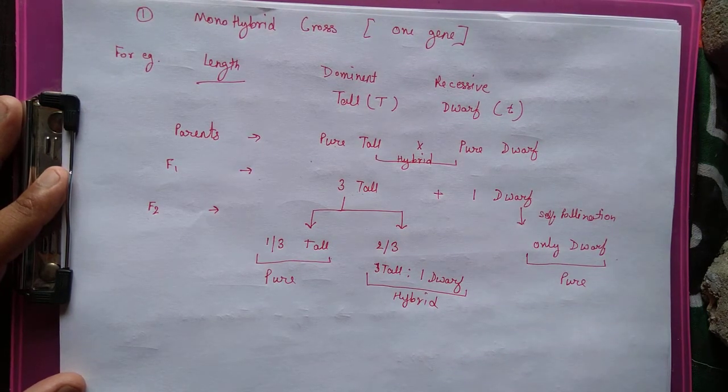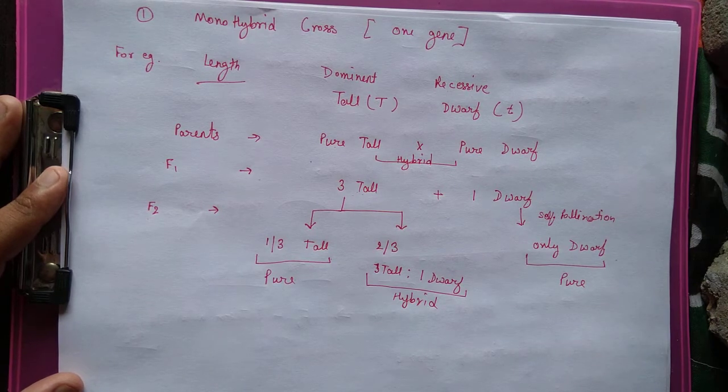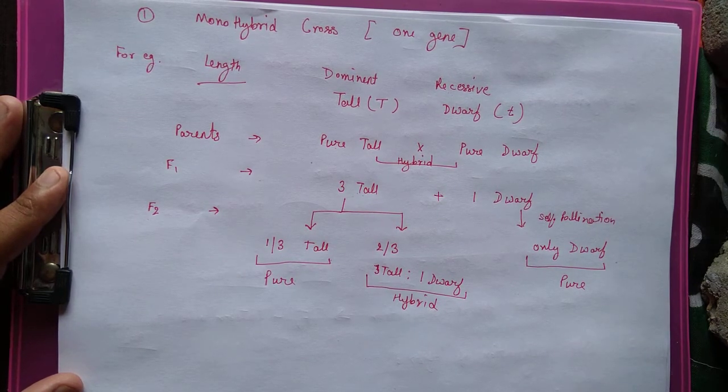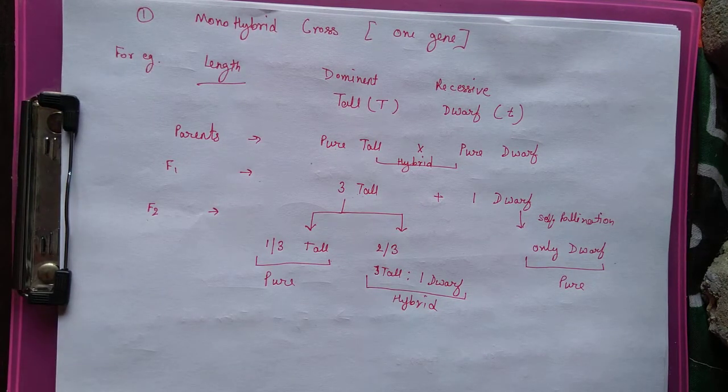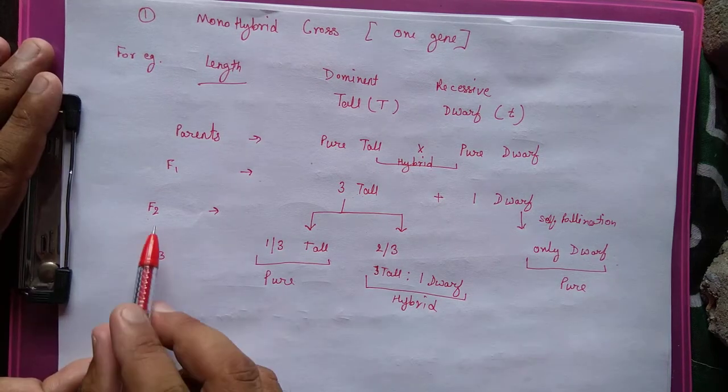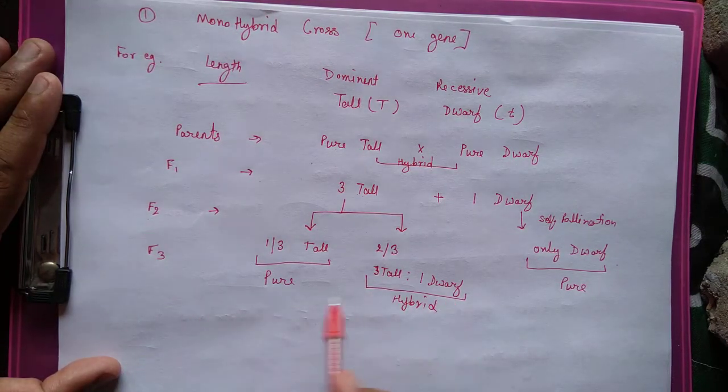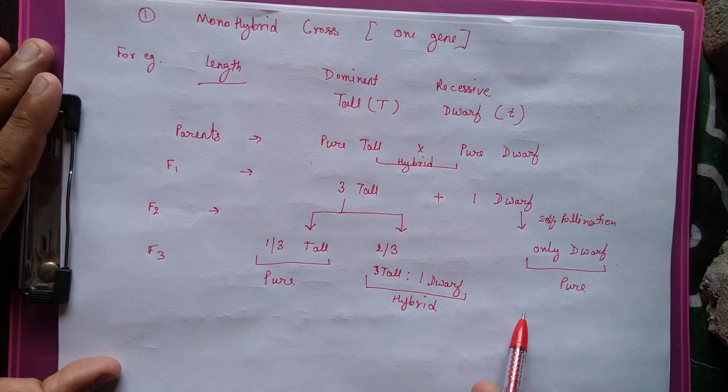So Mendel used this experiment to study this. The result is that if you are taking a monohybrid cross, only one gene is transferred from one generation to the next generation. After the F2, the F3 are these: pure, hybrid and pure.